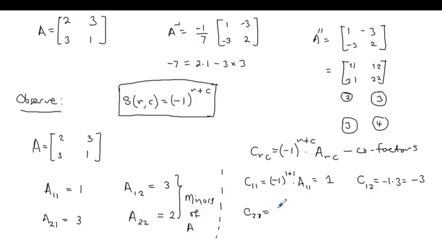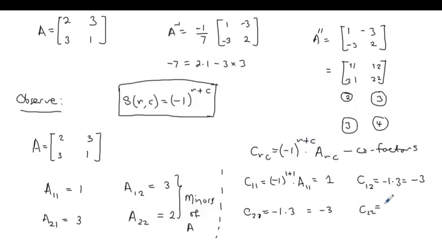Then I come to C21. Then like this, I'm going to have a 2, 1, which is going to give me a 3 again, giving me minus 1. It's going to multiply by A21, what is it? A 3. Multiply by 3, then minus 3. Then C22. I put 2, 2, get a 4. 4 negative signs are going to give me a positive, isn't it?